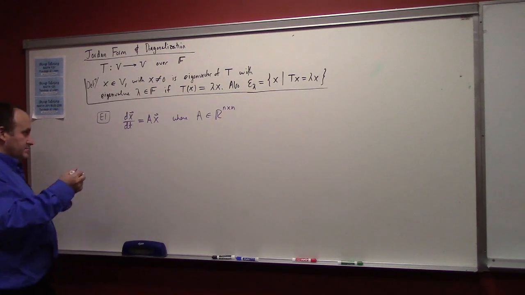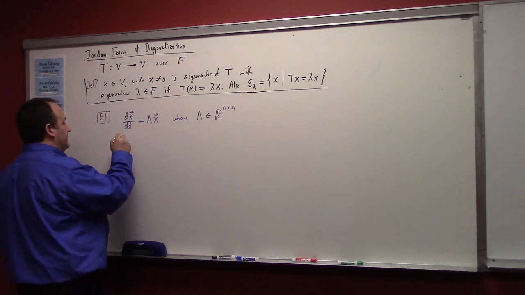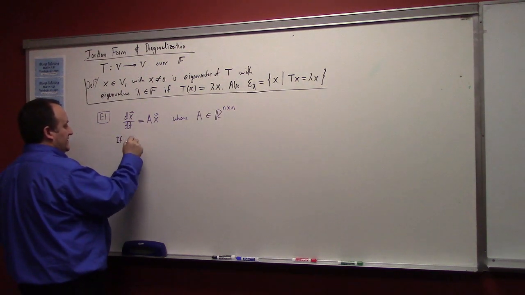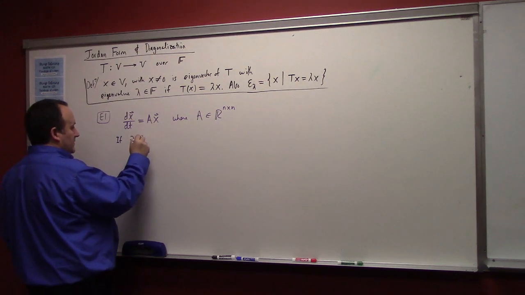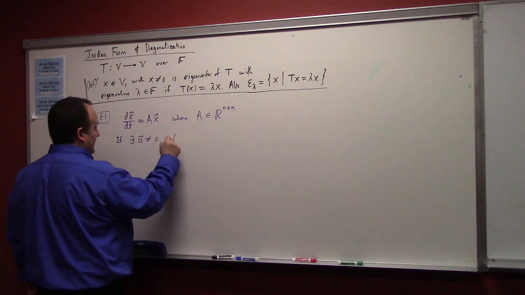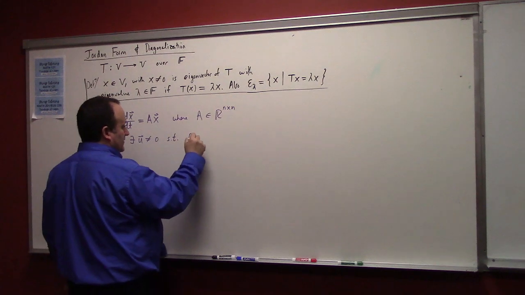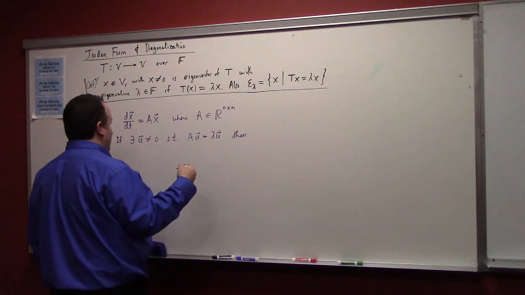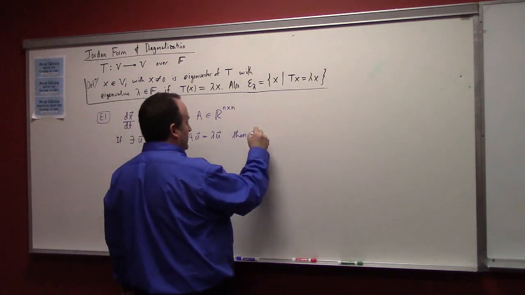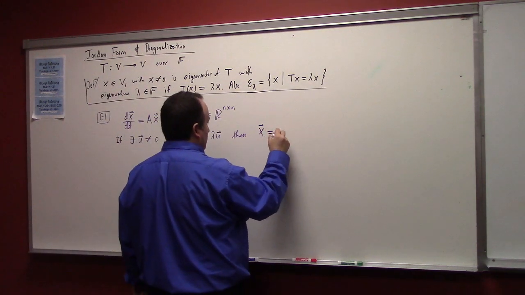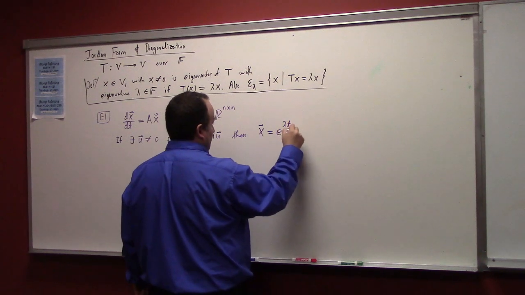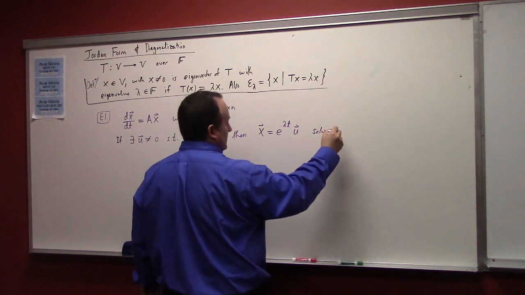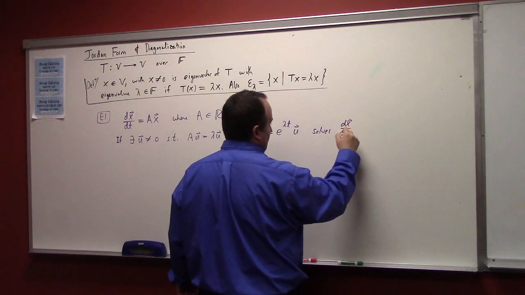Here's the thing: if there exists, let's say, u, a constant vector, not equal to 0, such that Au equals lambda u, then you can form what's called an eigensolution. X equals e to the lambda t times u solves our system of differential equations.